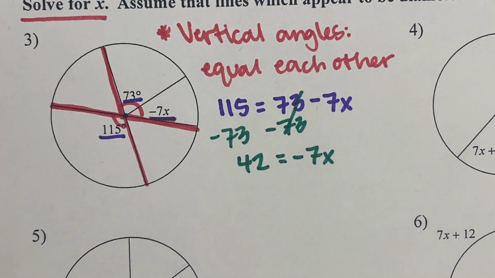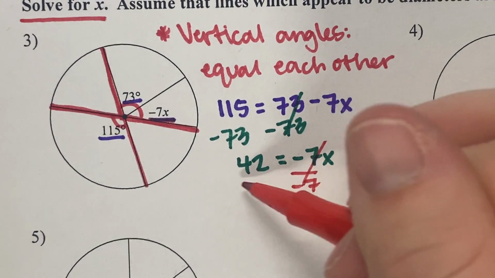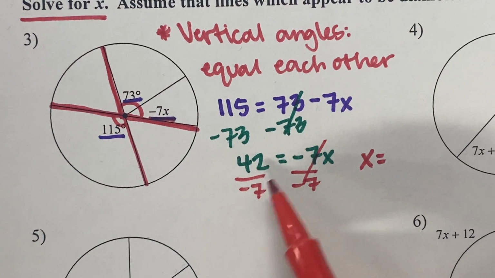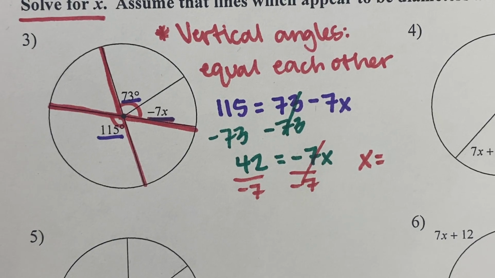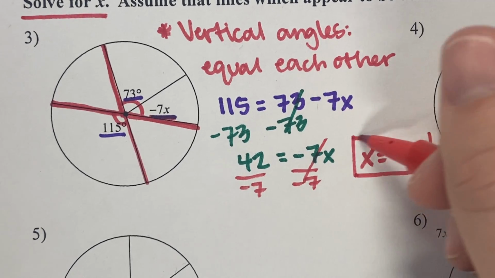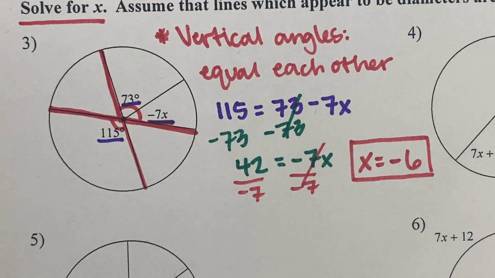My last step to get my x by itself is to divide by this negative 7 since it's being multiplied. So x is equal to 42 divided by -7, which gives me -6. And there we go.